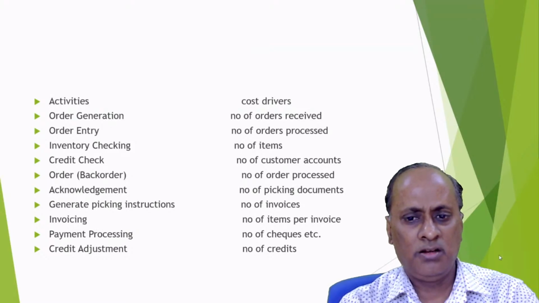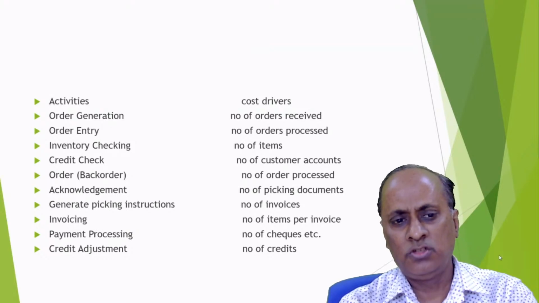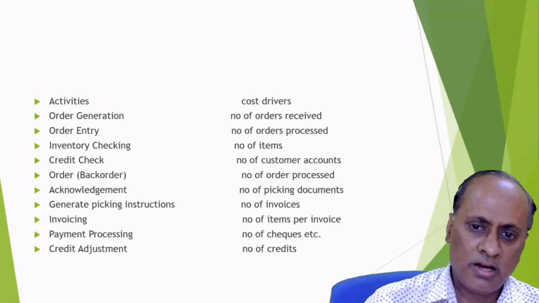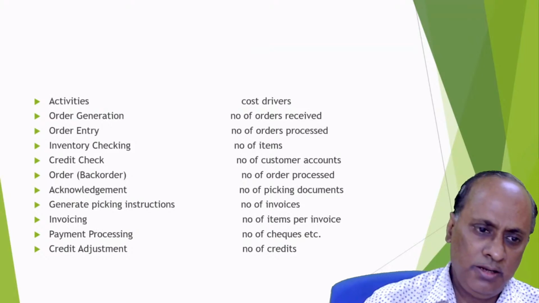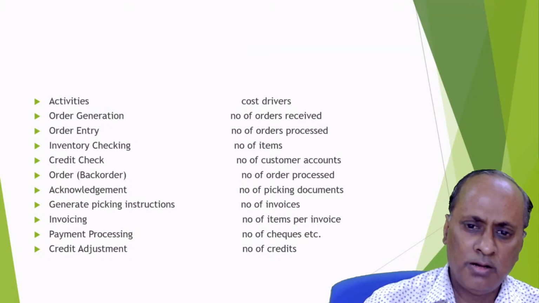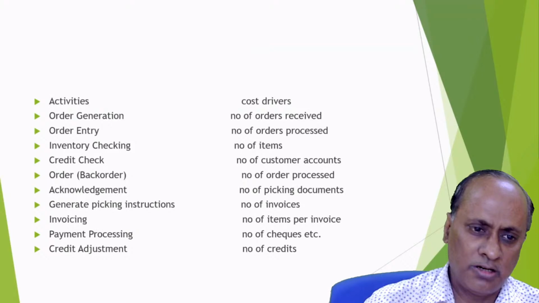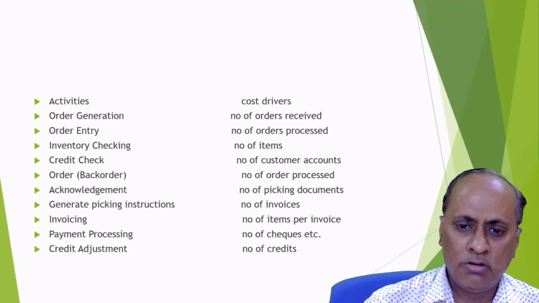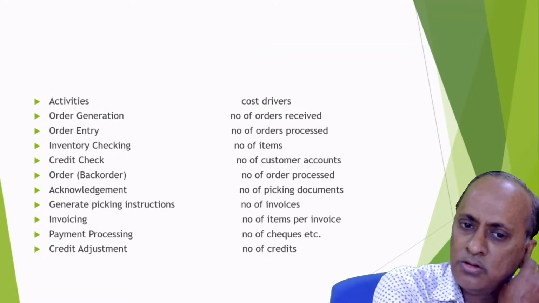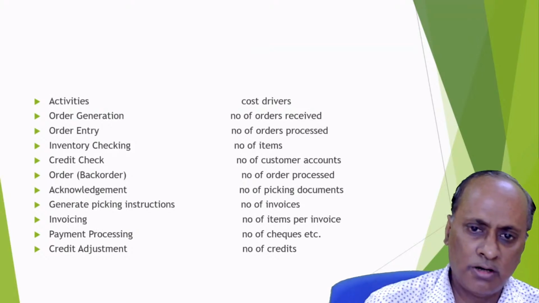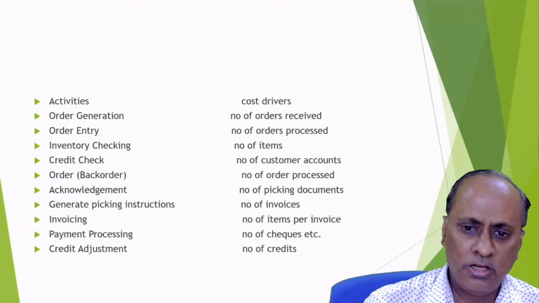Credit check: the cost driver is the number of customer accounts. If you check more accounts, then the credit checking cost will be higher. Back order: what is a back order? The order which we were not able to supply in the previous order. So that also depends on the number of orders processed. Acknowledgement: number of picking documents.